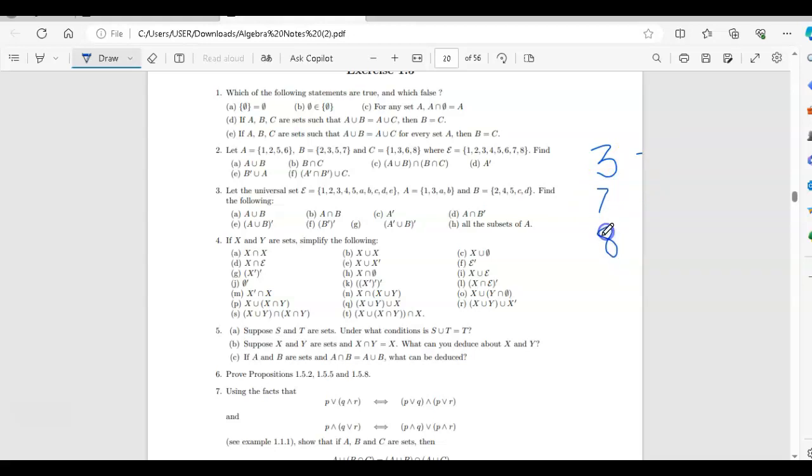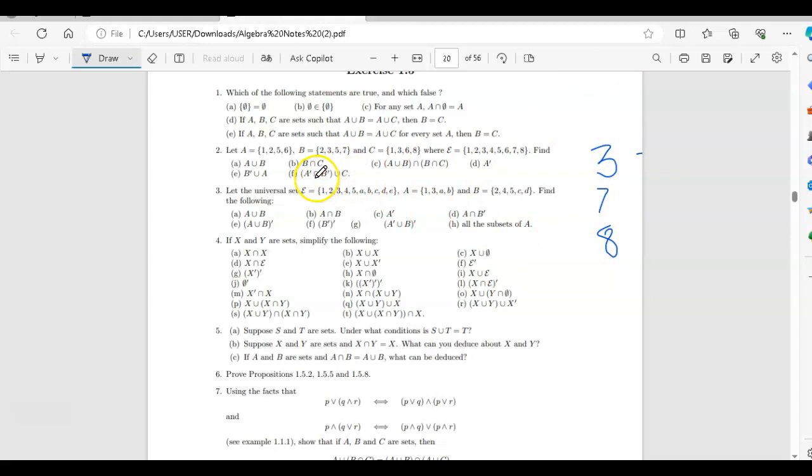Because it mustn't be anything in A. 8, perfect. 6, no, it's in A. 3, yeah, I got that. 1, that's in A. 7, I got 7. 5, that's in A. 3, I got that. 2, that's in A. Perfect. So this is not A.